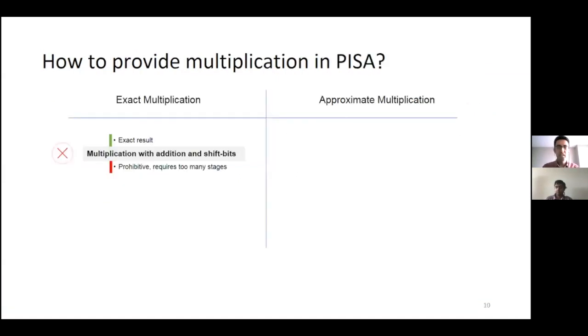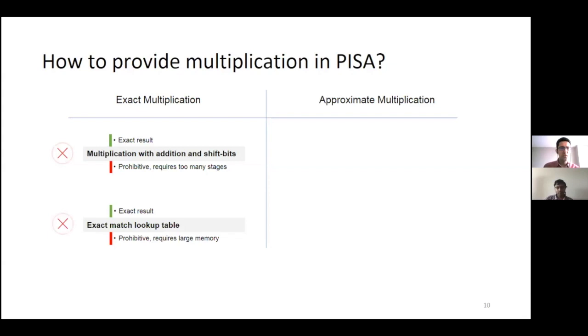Let's see what are the possible ways that we can have multiplication in a P4 switch. One way is to implement the multiplication algorithm using addition and bit shifts. This approach results in an exact result, but the problem is that it requires too many stages, especially if the numbers are very large.